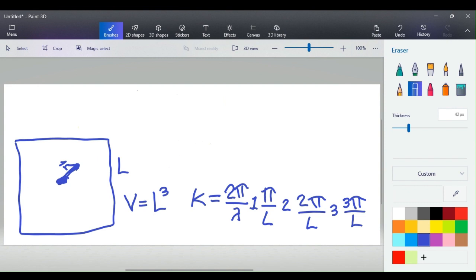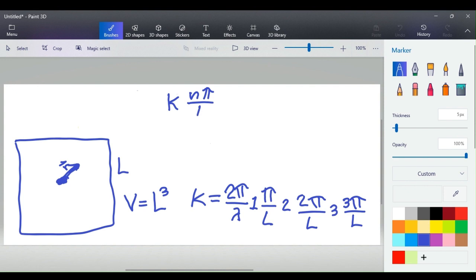So what's a general expression out of all this stuff? A general expression is all of the k's, which are all the different constants, are going to be n pi over L, where n equals all the natural numbers, 1, 2, 3, 4, and so on.